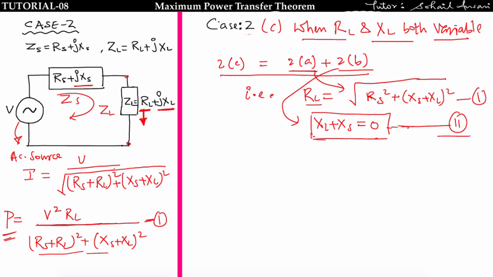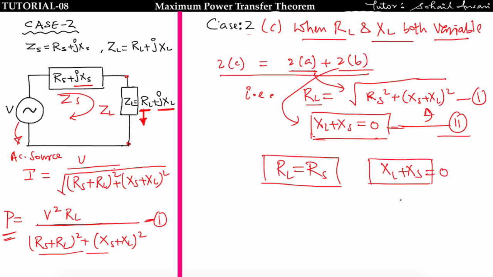After substituting equation 2 in 1, I will get RL is equal to RS and XL plus XS is equal to 0. So when both RL and XL are variable, then to transfer the maximum power from source to load, the value of RL must be equal to RS and the value of XL must be equal to minus of XS.